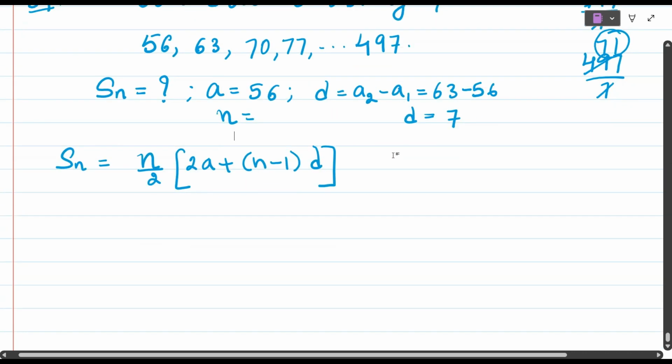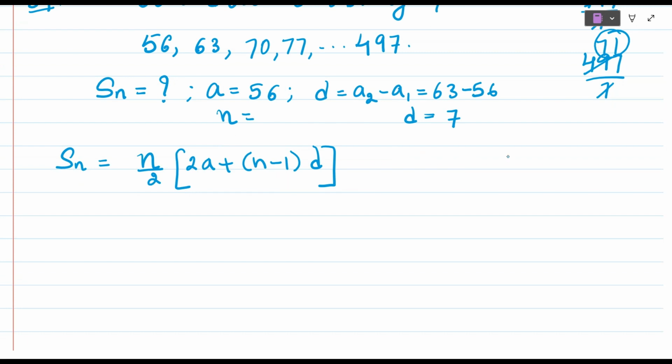So how will you find the value of n? See, 497 is the last term. Here 56 is the first term, 63 the second term, this is the third term, this is the fourth term, and so on up to the last term, that is an. So from an we are going to find the value of n. Is it clear?